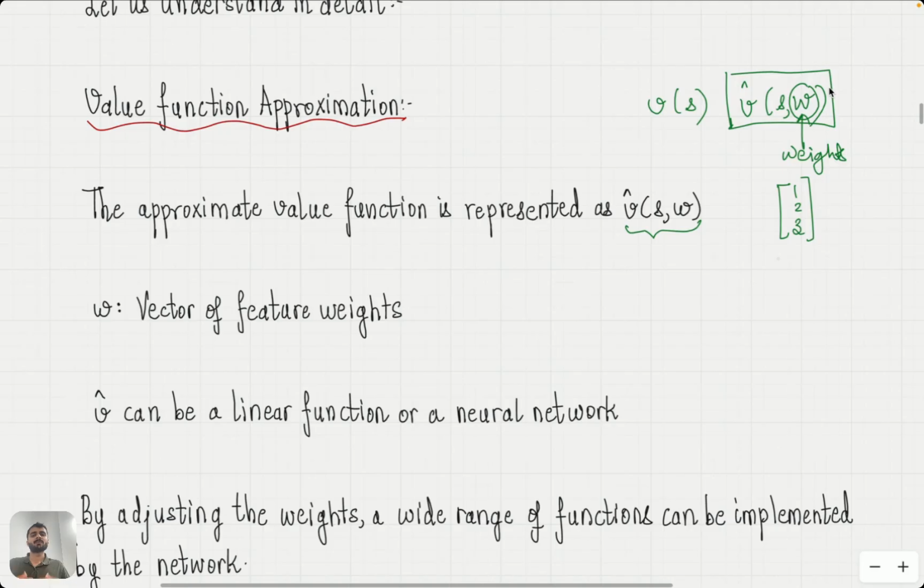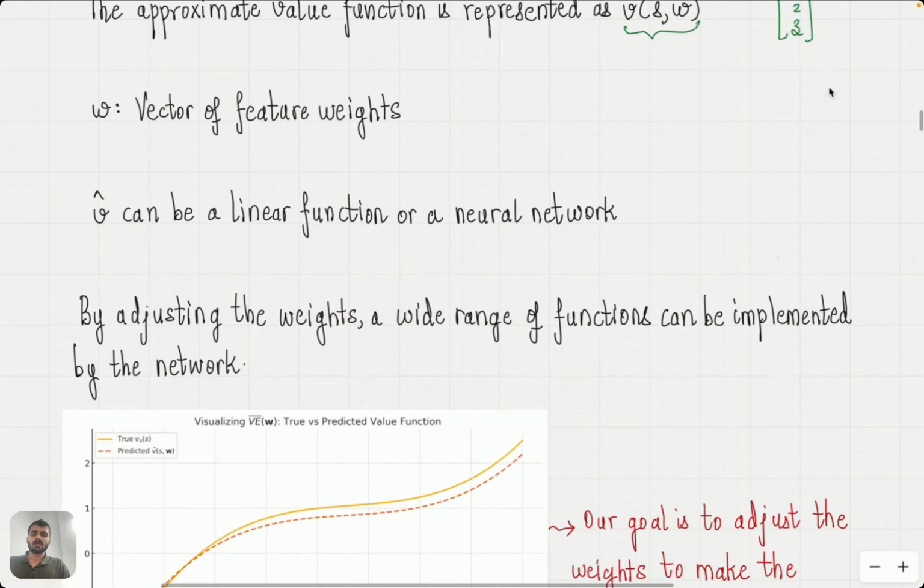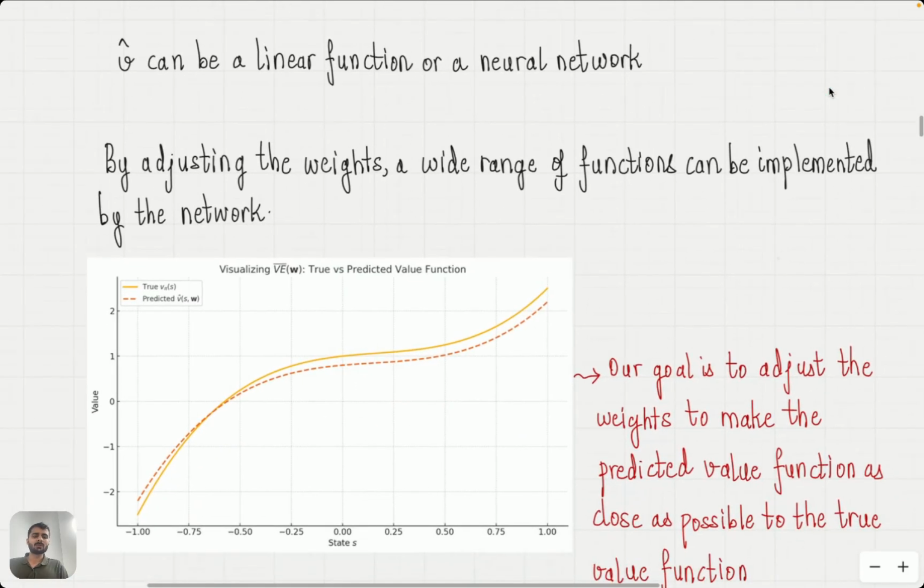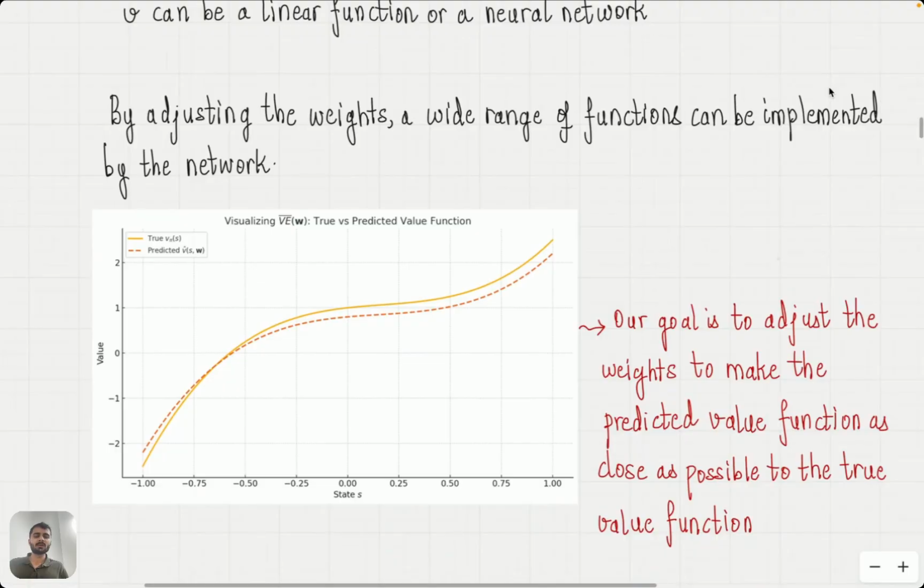And that is the whole objective of value function approximation: to find the value of the weights such that the approximate value function closely matches the true value function. So these weights you can think of as a controllable parameter using which a wide range of functions can be approximated. Now let's take an example to build our intuition here.